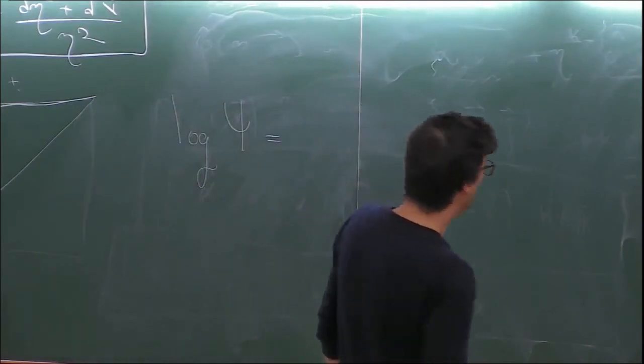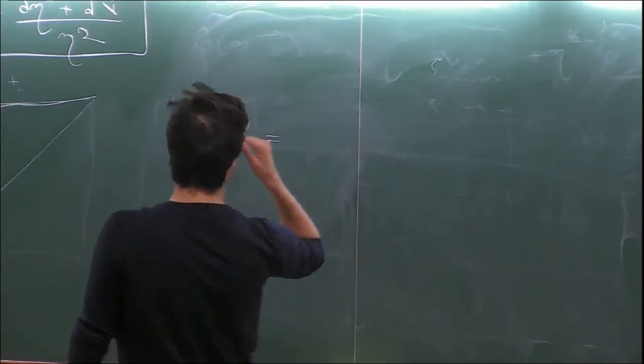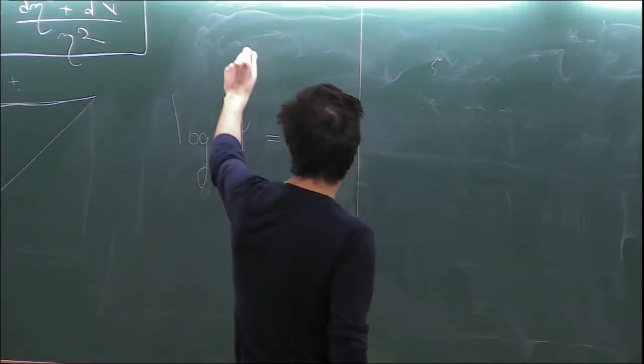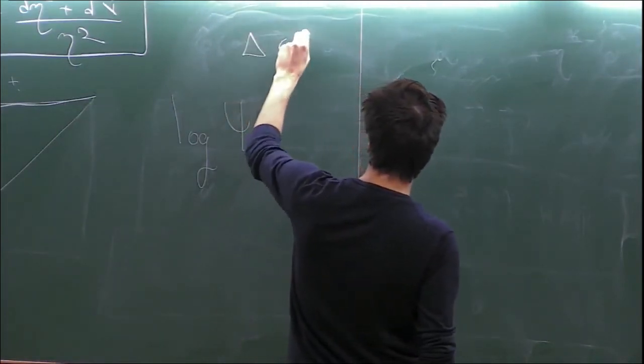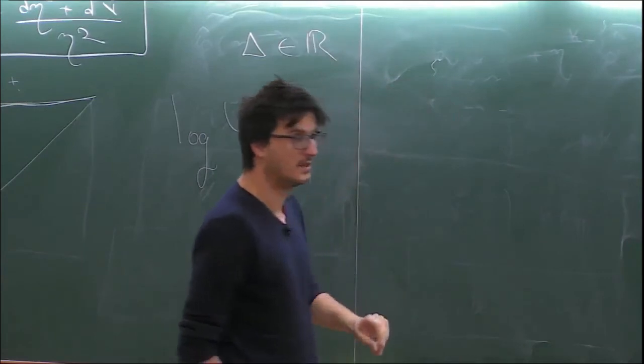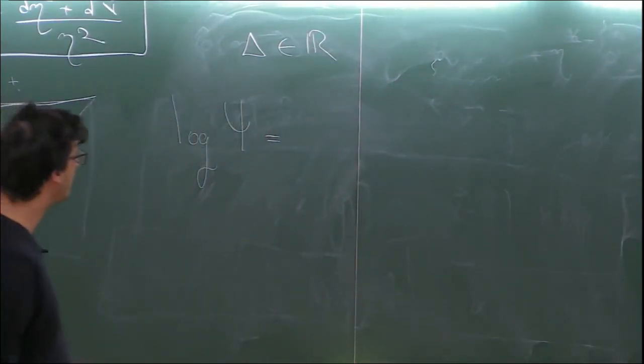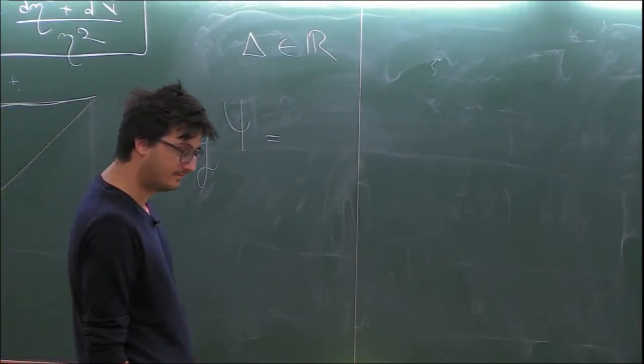Okay, so the wave function at late times acquires, again, for delta real, let's talk about the case delta real now, just for the sake of specificity, the following structure.